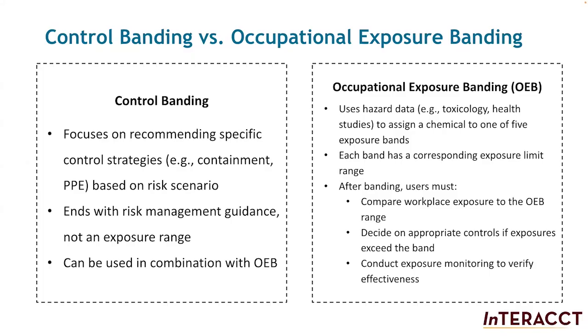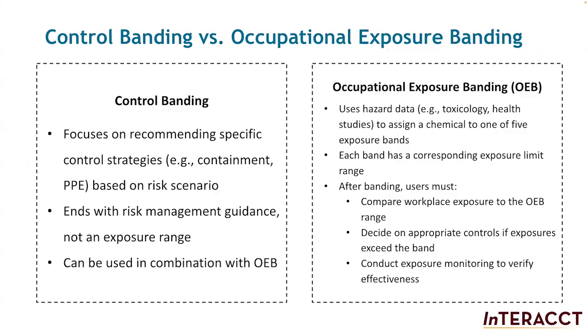In contrast, OEB uses hazard data, like toxicology or health studies, to place a chemical into one of 5 exposure bands, each with a corresponding exposure limit range. Once a chemical is banded, users compare actual workplace exposures to that range, decide on controls if exposures are too high, and conduct monitoring to ensure those controls are effective.